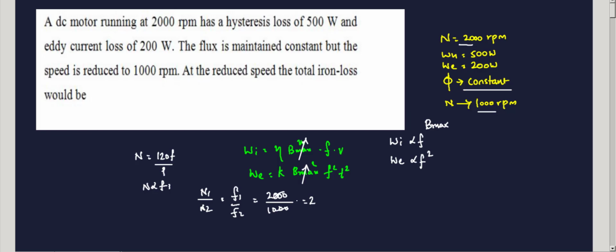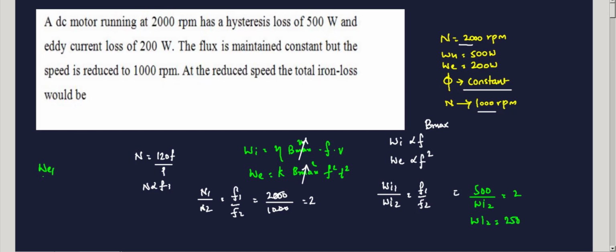F1 by F2 is 2. You substitute this. Hysteresis loss 1 by hysteresis loss 2 equals F1 by F2. Loss 1 is 500 watts, loss 2 I don't know, he has to calculate. F1 by F2 is 2, so loss 2 is 250.